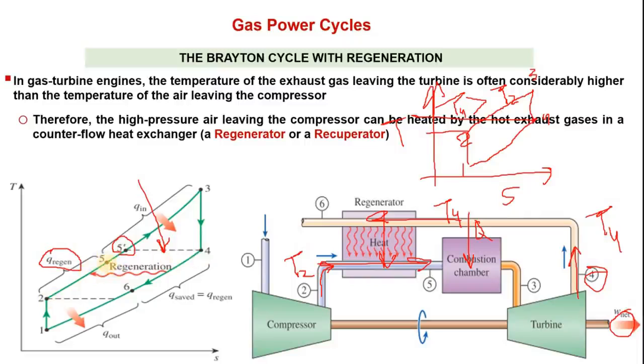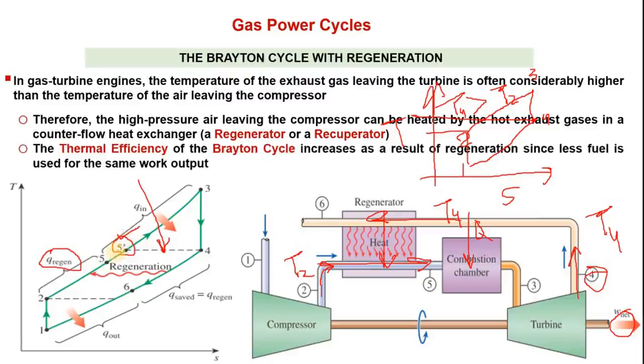In the ideal scenario, T5 will be equal to T4, and that ideal point is shown as T5 dash. So by using this regenerator, the thermal efficiency of the Brayton cycle increases, since now we have to supply less heat by burning fuel for the same work output.